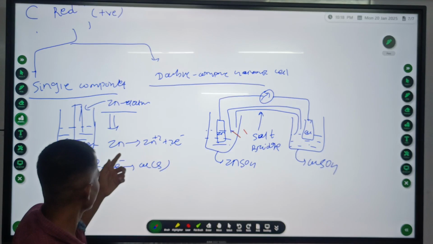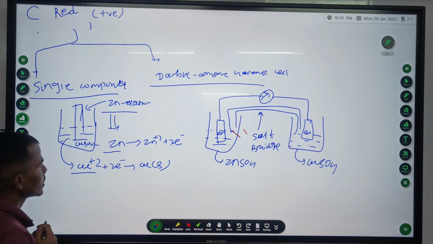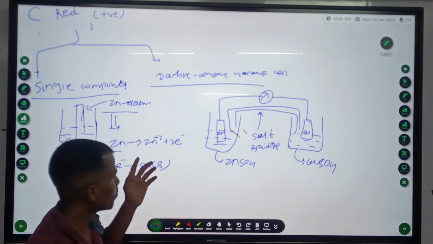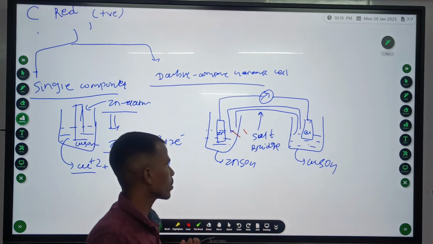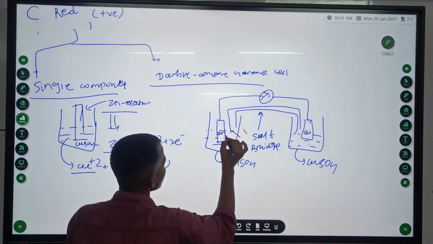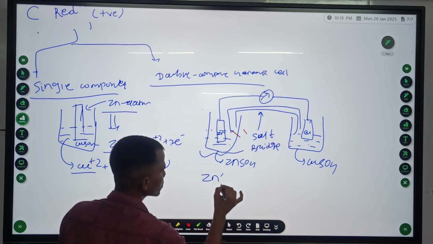As in the previous case, since zinc is a more electropositive metal than copper, it easily gets oxidized. So here in this cell the oxidation half cell reaction is Zn going to Zn2+ plus 2 electrons.